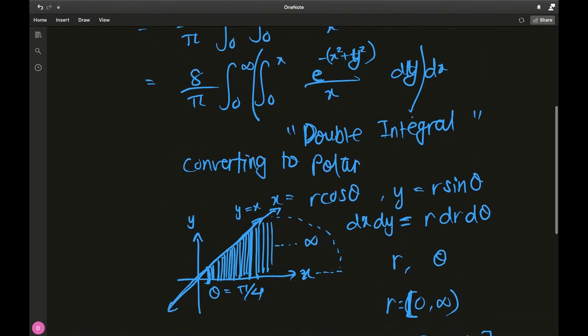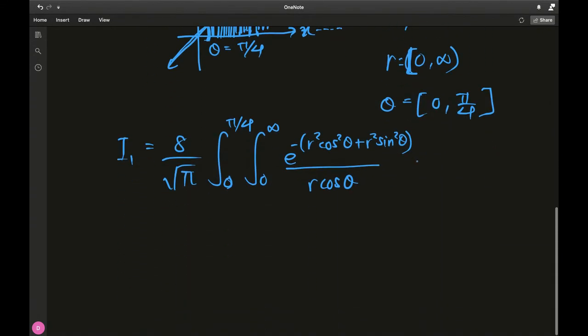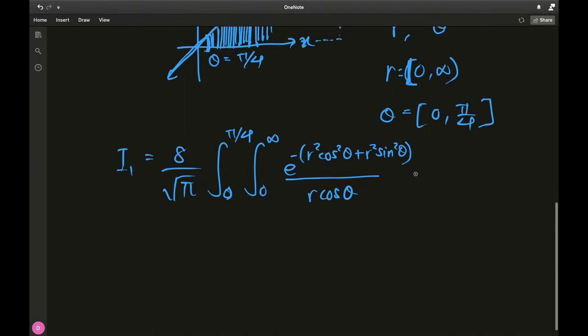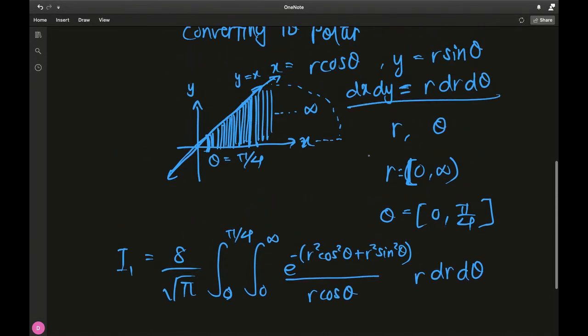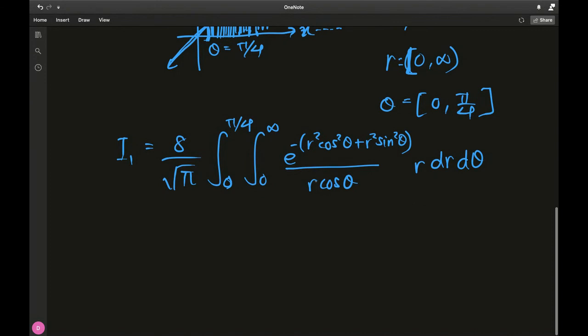And dy dx or dx dy doesn't matter, it's commutative. It becomes r dr d theta by this Jacobian. I'm not going to show the working of the Jacobian, but you get the idea. So the r's cancel out nicely.